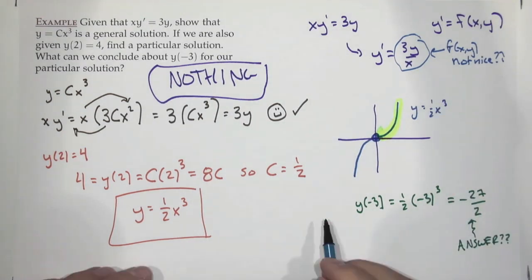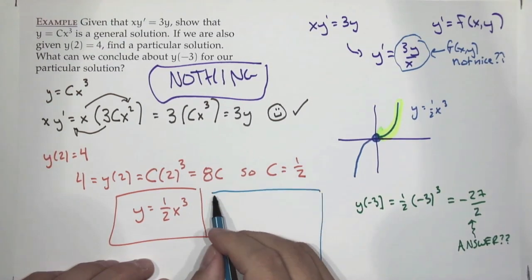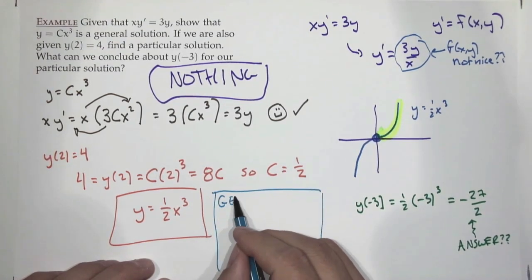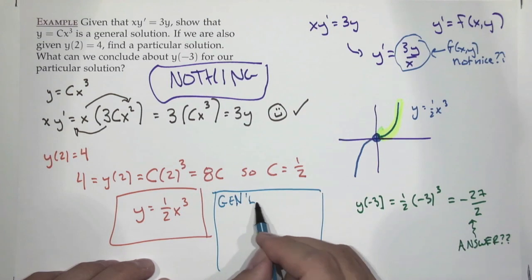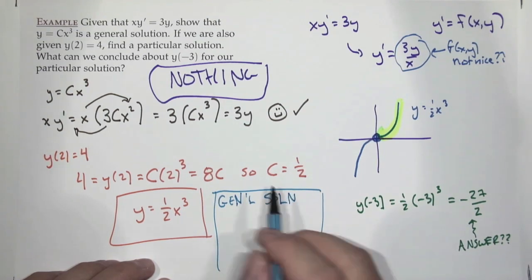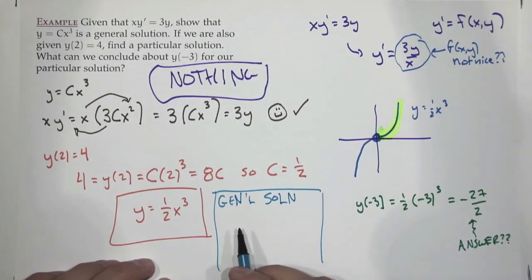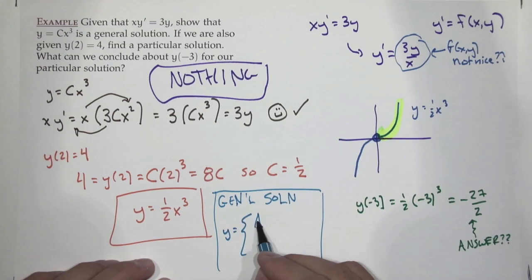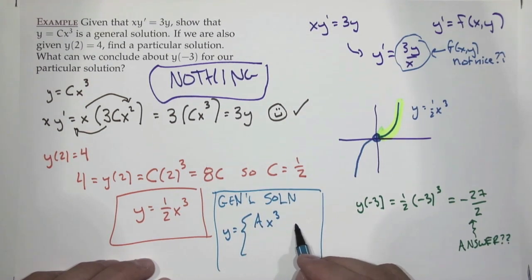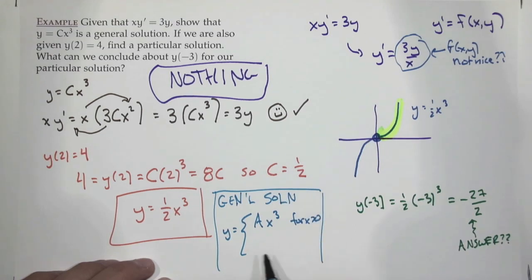And in particular, it turns out that the general solution to this differential equation is not some constant times x cubed. It really has the following form. It's some constant a times x cubed for x above 0, and some constant b times x cubed for x below 0.